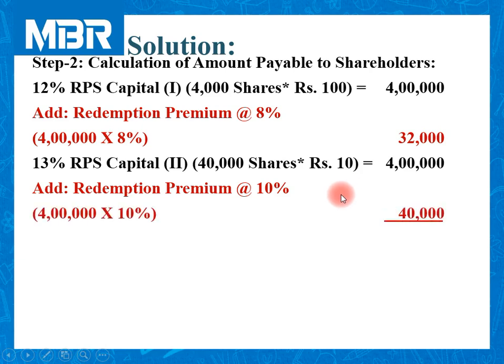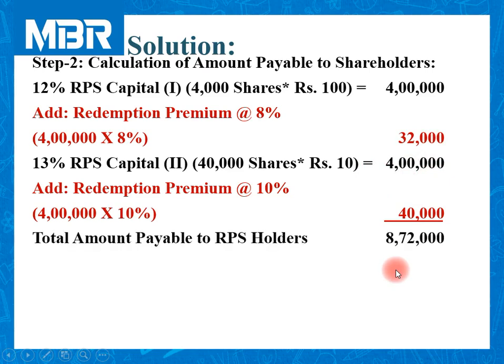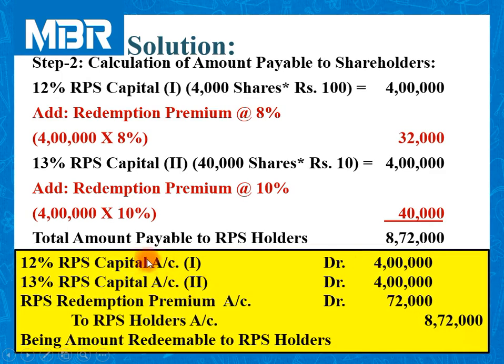So on 4 lakhs rupees, the amount of redemption premium at the rate of 10% is rupees 40,000. 4 lakhs rupees plus 32,000 premium, again 4 lakhs rupees for capital and 40,000 rupees for premium. So the total amount redeemable to RPS holders is rupees 8,72,000.